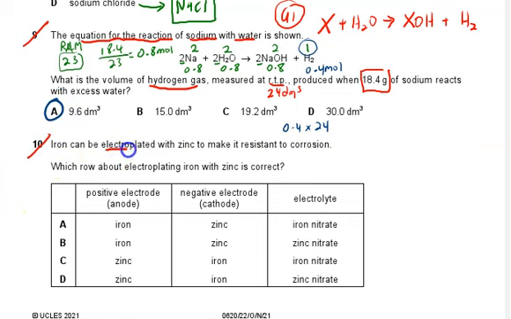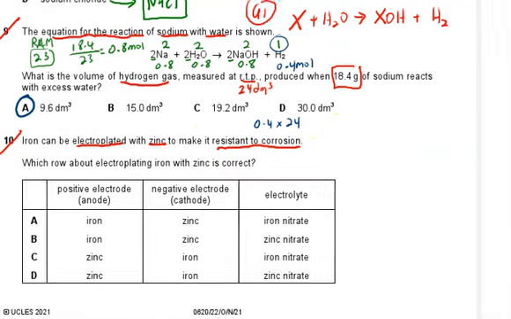Iron can be electroplated with zinc to make it resistant to corrosion. This is an electrolysis chapter. Always remember, for electroplating, let me explain to you here.